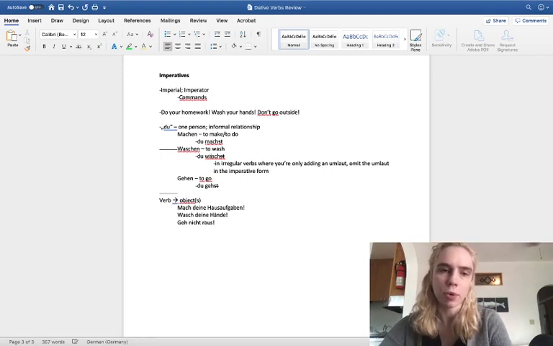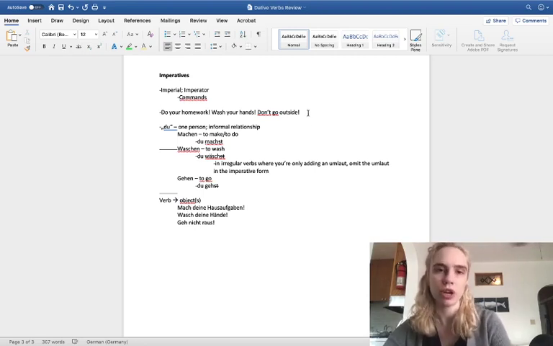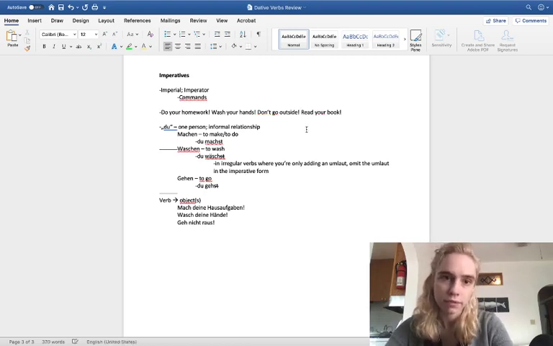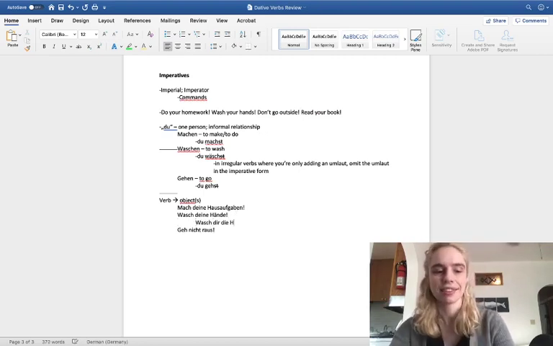And then I want to do one where it's an irregular, but one where you're making a bigger change than just adding an umlaut. So we can use lesen, for example, to read. Read your book. Here we could also say, wasch dir die Hände.